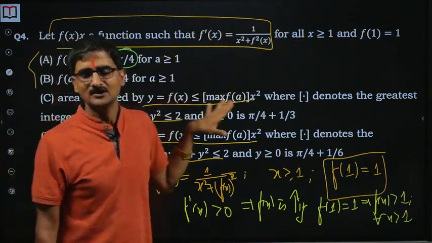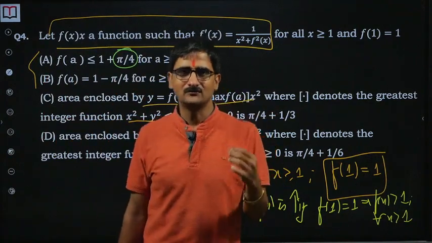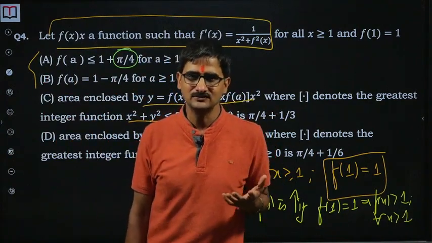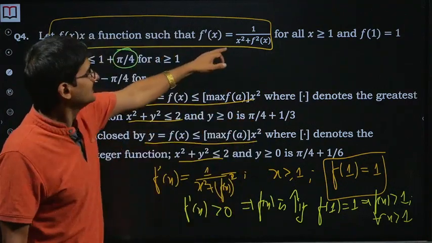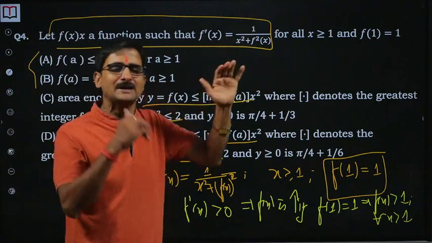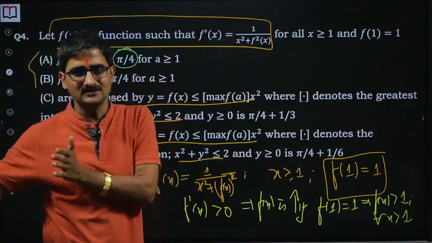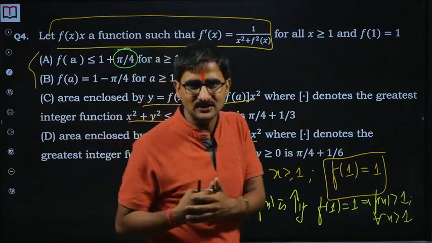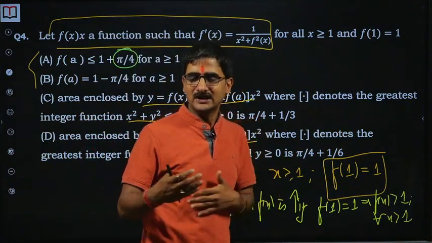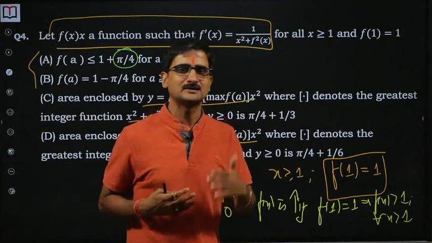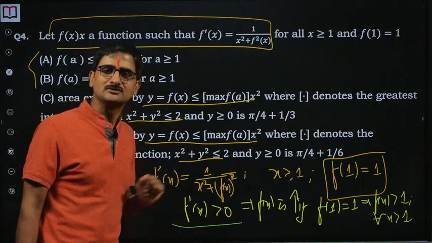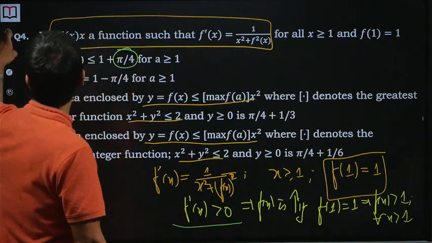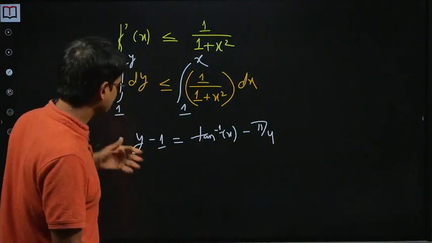So to get pi by 4 from 1, the only function we have is tan inverse of x, and the form in the denominator is clearly hinting towards that thing. Okay, x square plus y square, tan inverse of x by y, tan inverse of y by x, that all started coming to my mind, and then all of a sudden I realized that this function is always an increasing function, and then it built up. That's how it started building up.